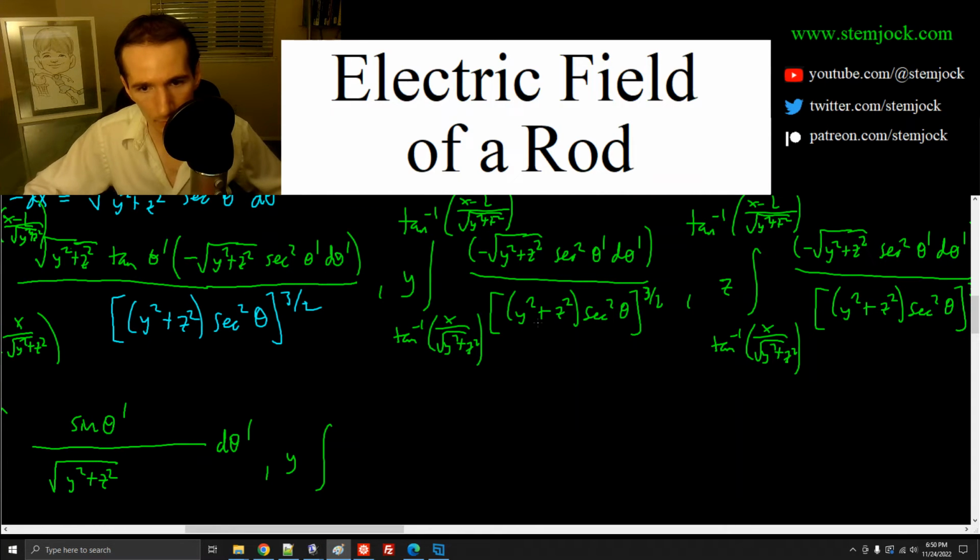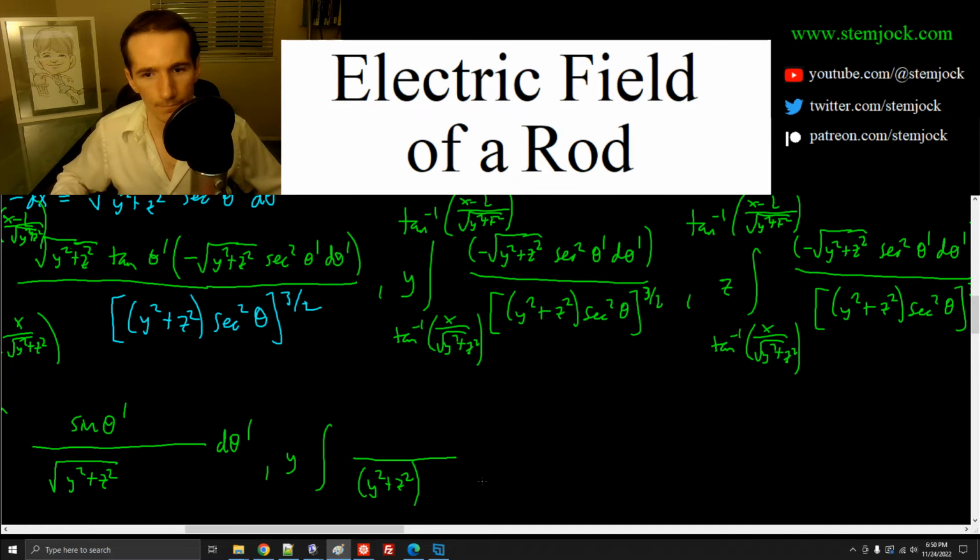Okay. So the second component. This here is going to be y squared plus z squared to the power of 3/2. So on the bottom here, I'm going to have y squared plus z squared. And this is going to be secant squared over secant cubed, that's just going to be 1 over secant theta prime. My mistake, this should be theta prime.